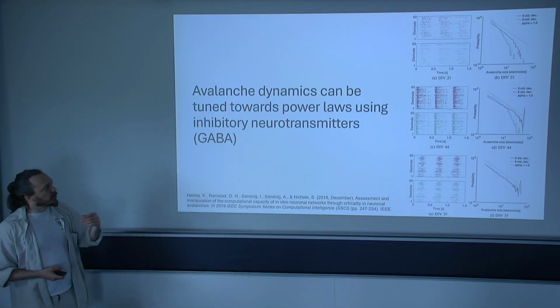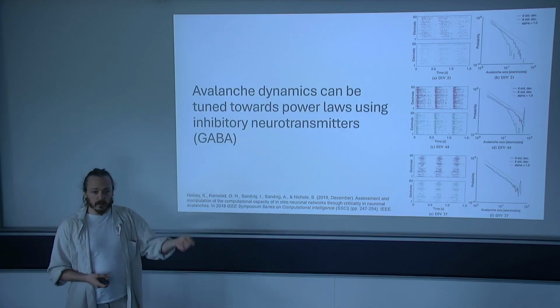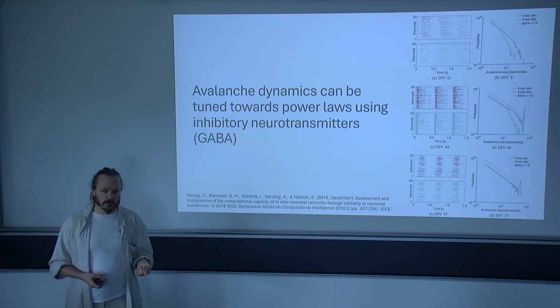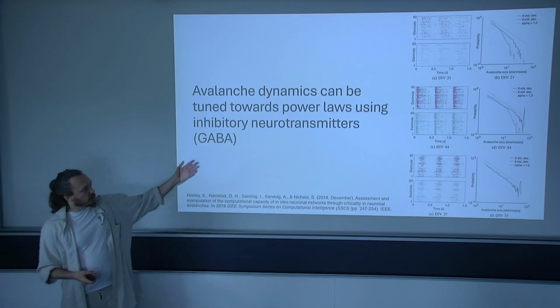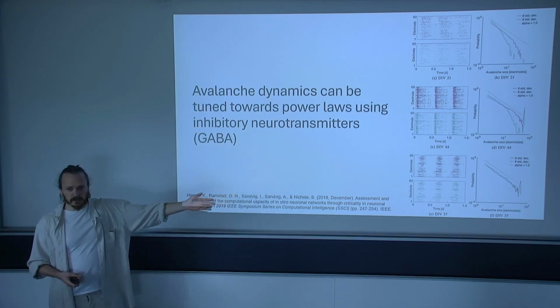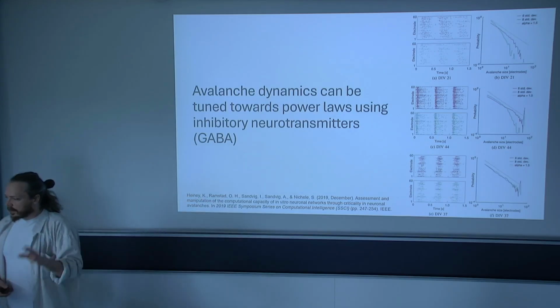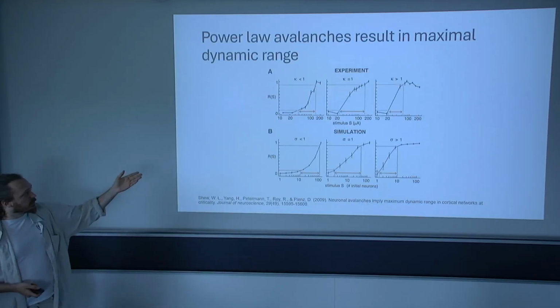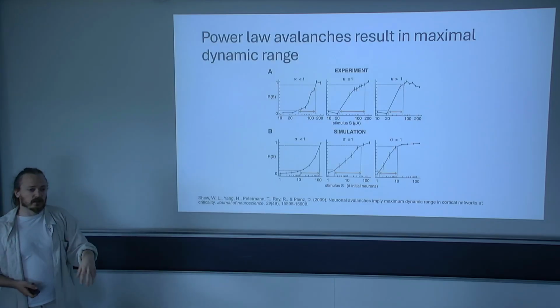So one of my colleagues worked on adding GABA, an inhibitory neurotransmitter, which can decrease the activity. What they found was that it did lead to criticality distributions, or power law distributions. And this, in turn, does lead to increased dynamic range, also in these in vitro networks.